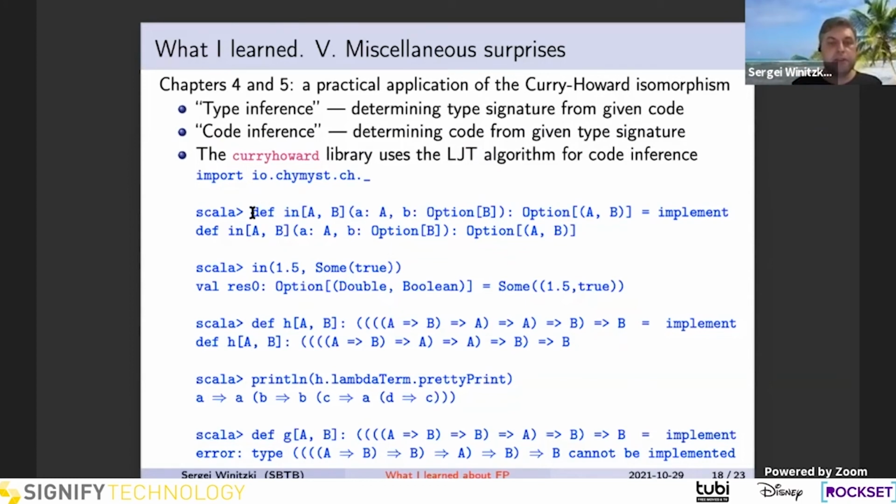And then I can write code like this. I write a type signature and say equals implement. And there is a macro here, which will find the necessary code and compile it. And then I can use it right away. And this can do a type signature like this, which is artificial and quite complicated, not obvious. And if the type signature cannot be implemented, it tells you.